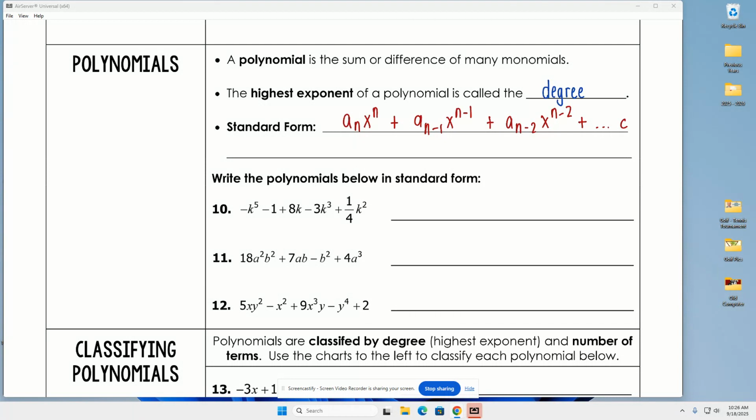It's crazy. You don't have to remember that. Dot dot dot means that it's going to keep on going until it gets to c. And what do we refer to as c? Our constant.